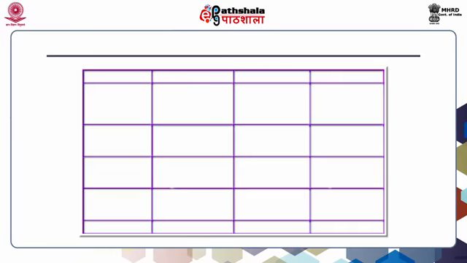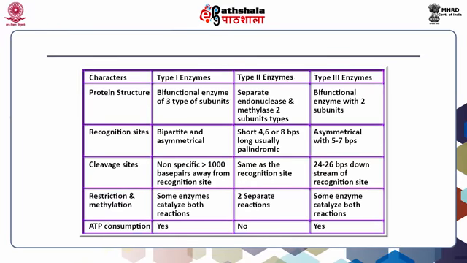This slide basically compares type 1, type 2 and type 3 restriction enzymes in terms of parameters such as protein structure, recognition sites, cleavage sites, restriction and methylation and ATP consumption. For example, the type 1 enzymes have a bifunctional enzyme of 3 types of subunits. Type 2 enzymes have separate endonuclease and methylase subunit types.